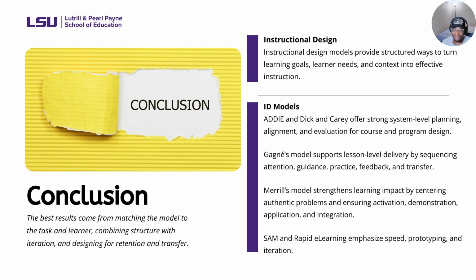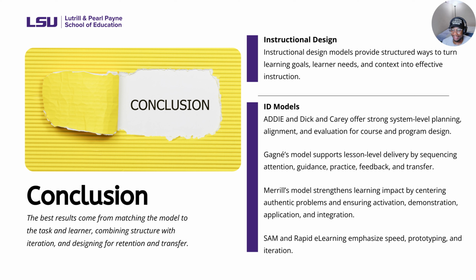Gagné's model supports lesson-level delivery by sequencing attention, guidance, practice, feedback, and transfer. And Merrill's model strengthens learning impact by centering authentic problems and ensuring activation, demonstration, application, and integration.